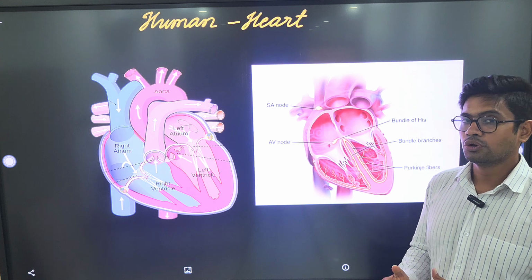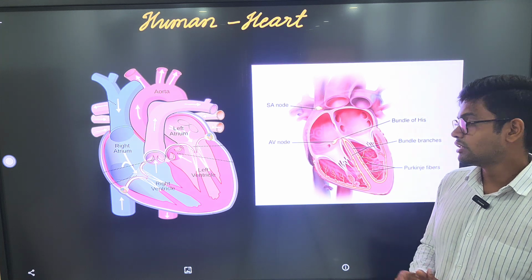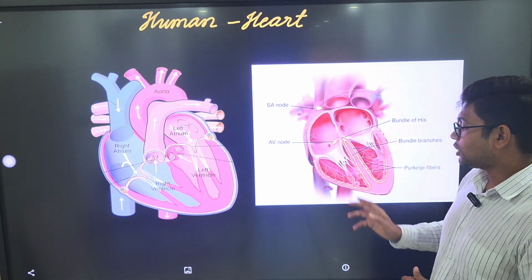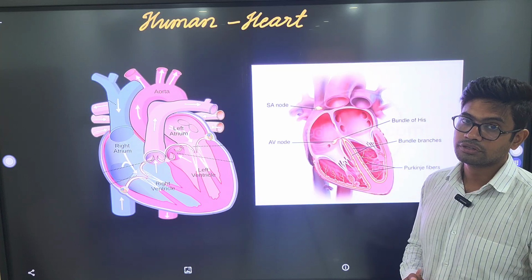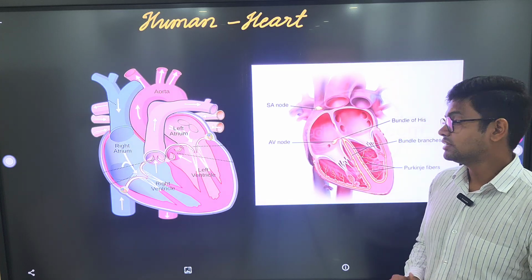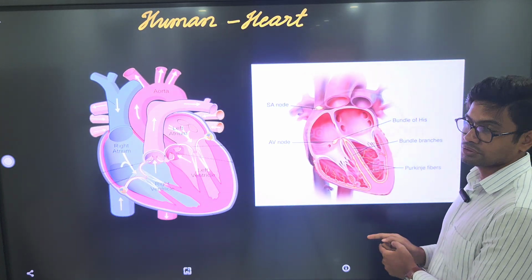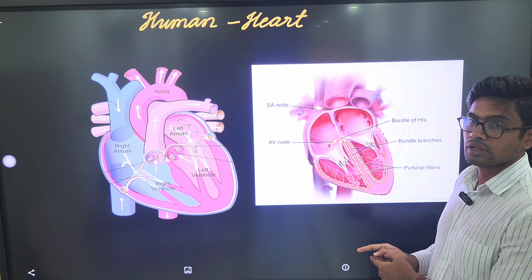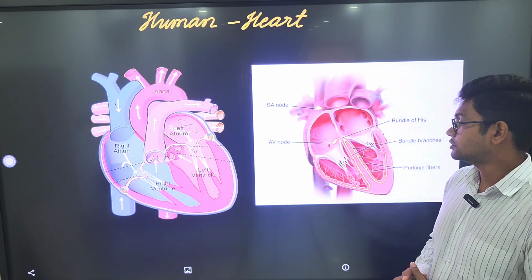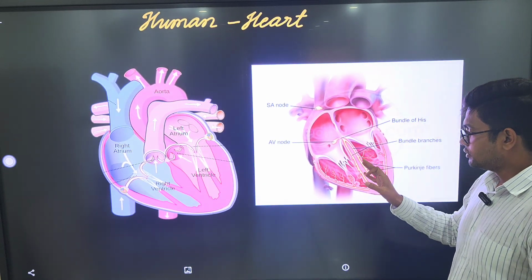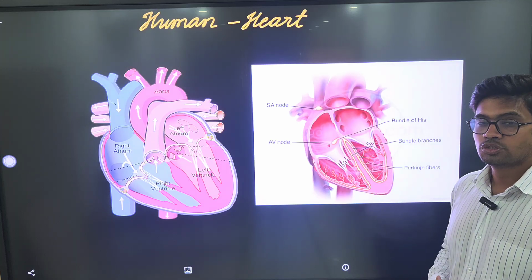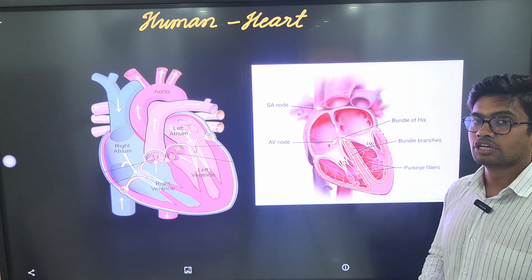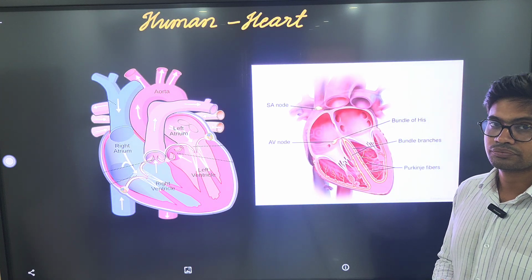These two branches are known as the bundle of His, and the bundle of His again branches out in the form of fine fibers which are spread throughout the ventricular musculature. Musculature means part of muscles. So the fibers which are spread throughout the ventricular musculature are known as Purkinje fibers.